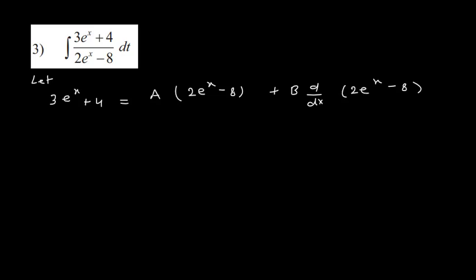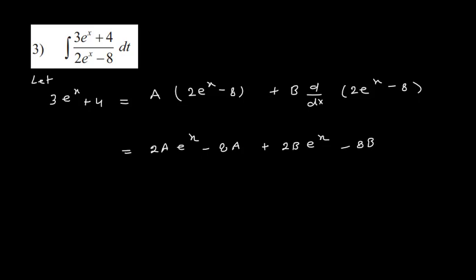Now here the right hand side, if we simplify, we will get 2a into e power x minus 8a plus here we will get 2b into e power x minus 8b.